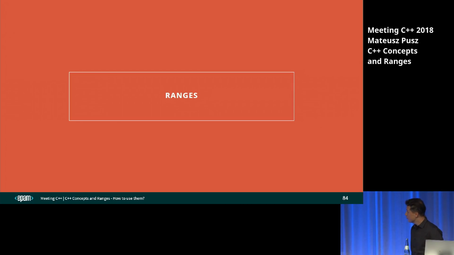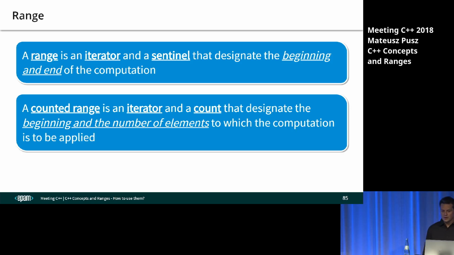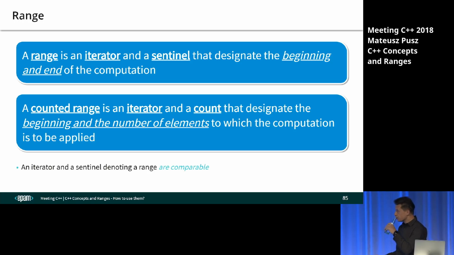Okay, let's move to ranges. A range is an iterator and a Sentinel that designate the beginning and end of the computation. A counted range is an iterator and a count that designate the beginning and the number of elements to which the computation is to be applied. Iterators and Sentinels that denote a range are comparable.